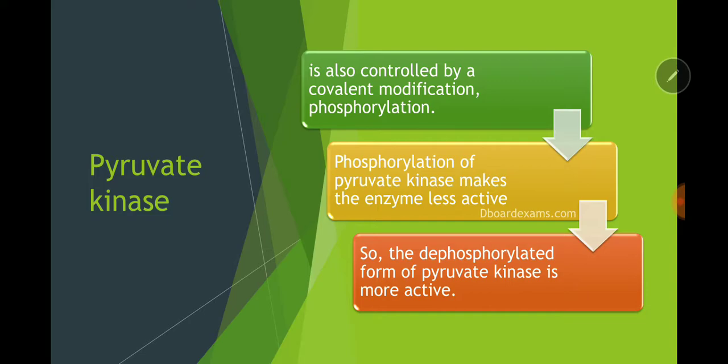Now, pyruvate kinase is also controlled by covalent modification, meaning phosphorylation. So phosphorylation, dephosphorylation controls the activity of pyruvate kinase, all right? The phosphorylation of pyruvate kinase makes pyruvate kinase less active.